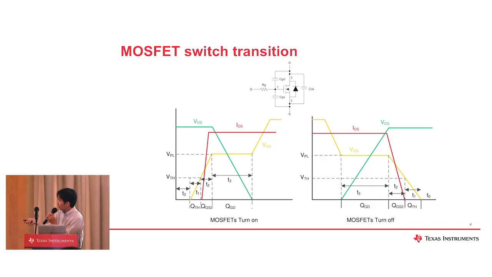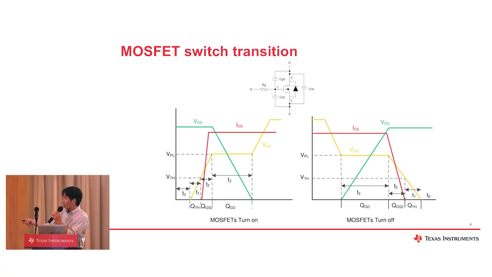So you can see here in the states T2 and T3, IDS and VDS are different from zero. So at these two stages, the switching power loss occurs, and the contribution of these two regions to the overall system power loss is significant.